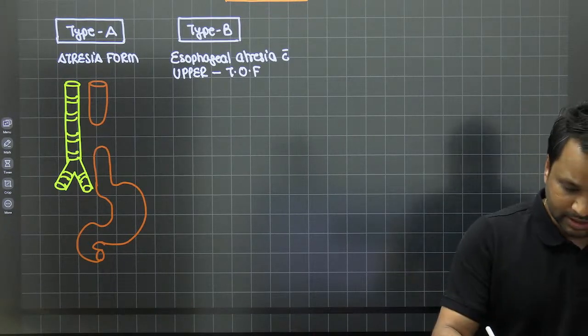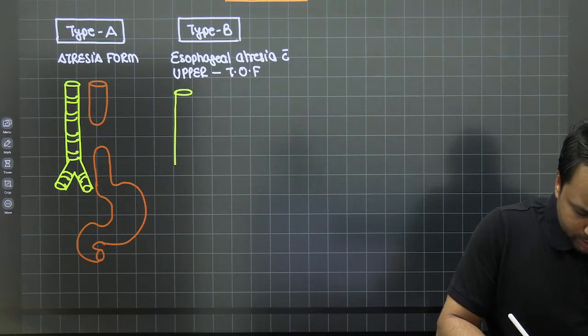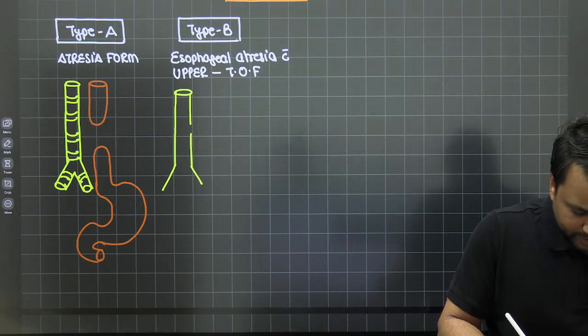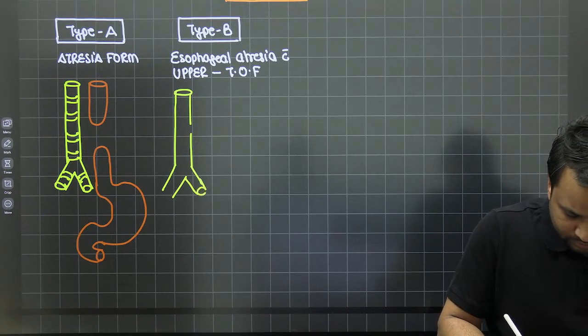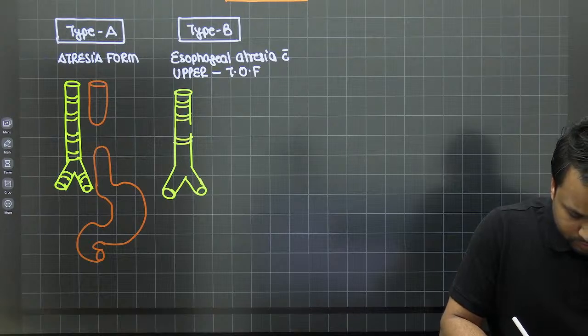Now, what do you mean by this? Again, the same depiction will be there. You will have the trachea, which is absolutely fine. This is going to divide into the tracheal rings in this form.